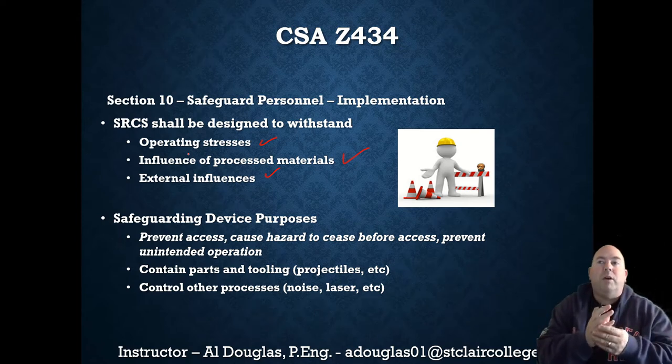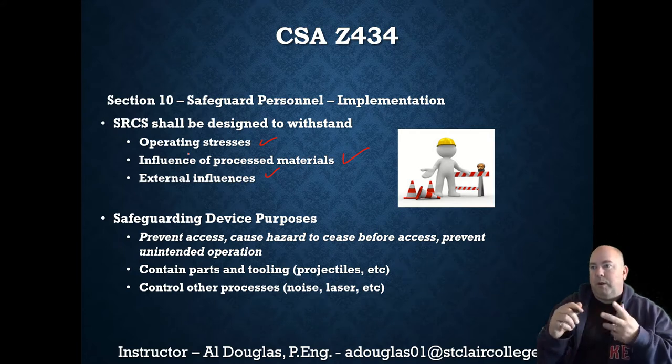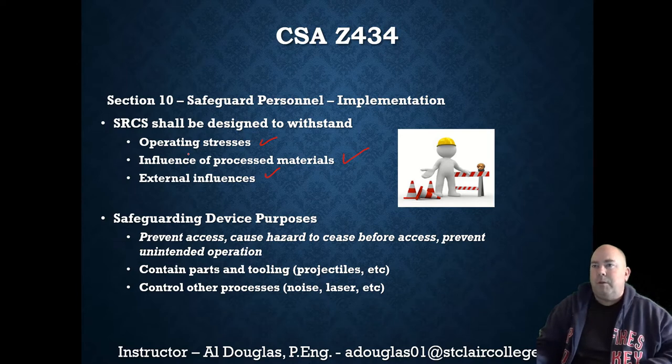So if it's in a welding area, it must be weld rated, must be able to stand up to that type of environment, or a washdown area, or any type of harsh industrial environment like that. It must be capable of living up to those standards.